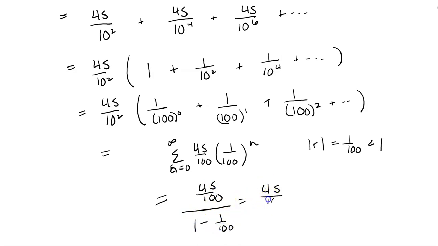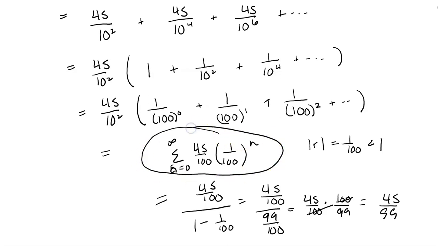So that's 45 over 100 divided by 99 over 100, which is 45 over 100 times 100 over 99, or 45 over 99. Now it did ask us just to write it as a geometric series, so this is it as a geometric series. This is why 0.45 repeating is equal to 45 over 99.